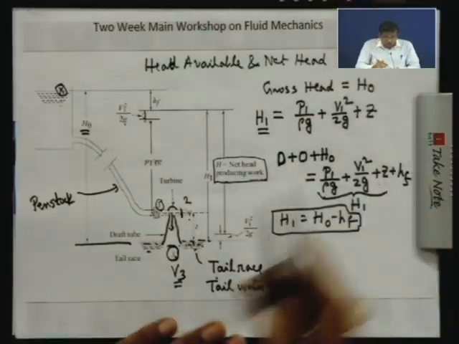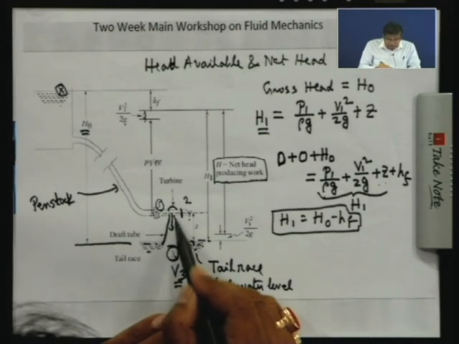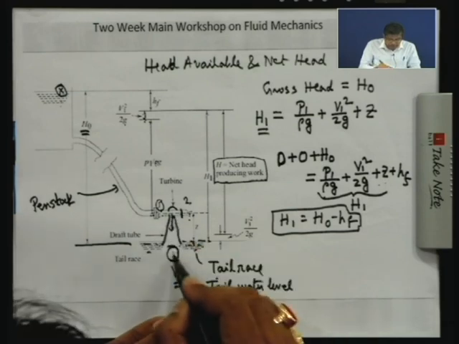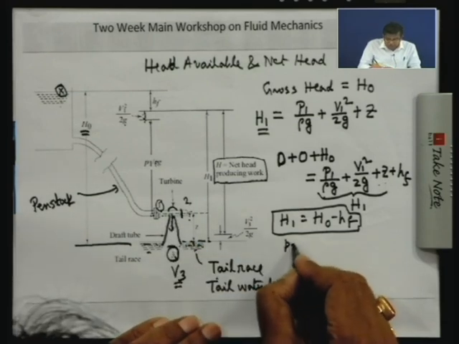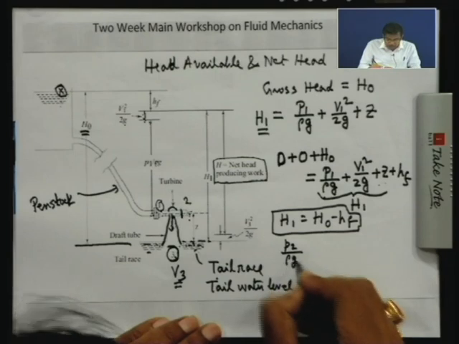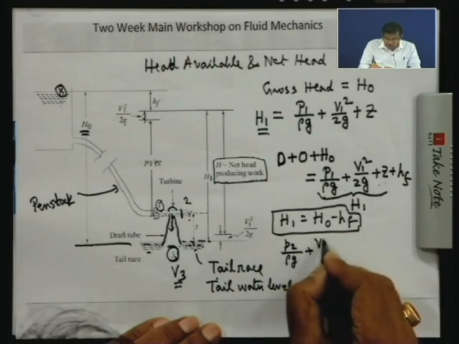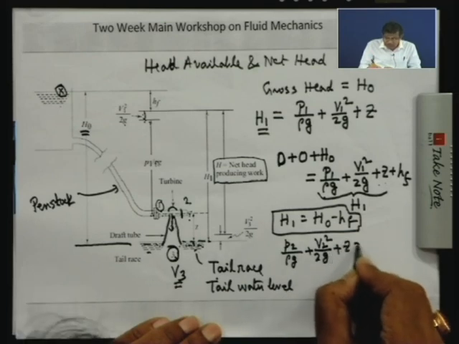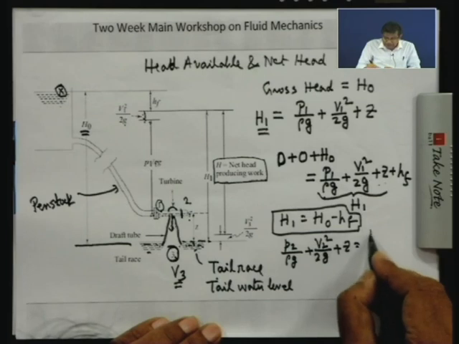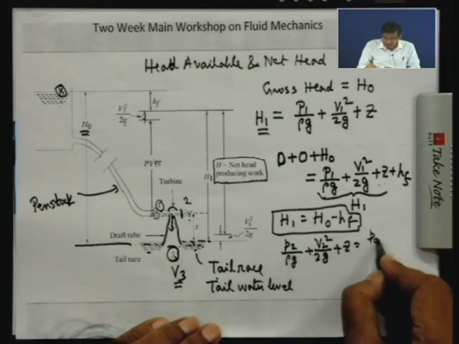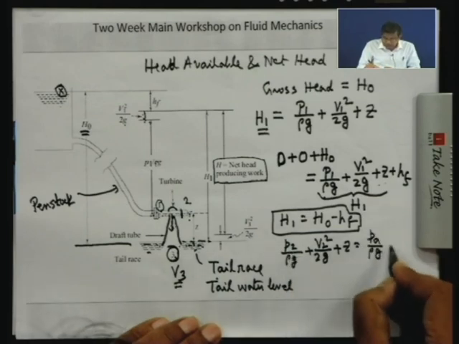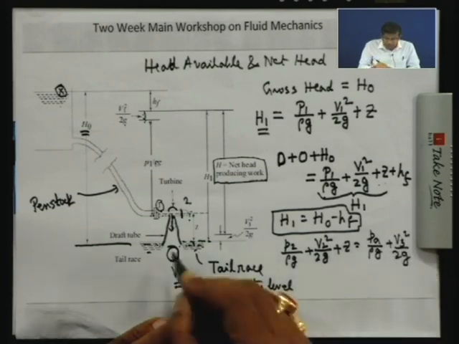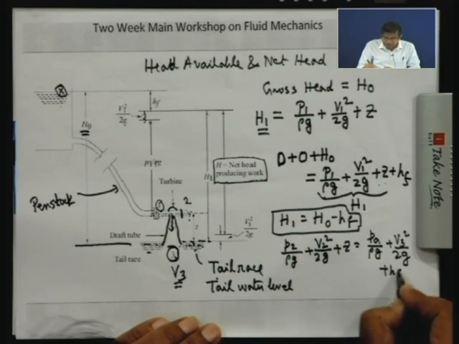But now one danger is there. When you make a draft tube, if you write Bernoulli's equation at 2 and 3 for the draft tube, you get P2 by rho g plus V2 square by 2g plus Z, equals, in terms of absolute pressure, PA by rho g plus V3 square by 2g, and if you take care of the frictional losses, plus HF.